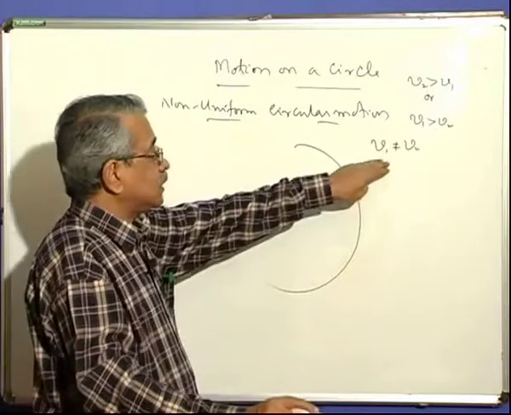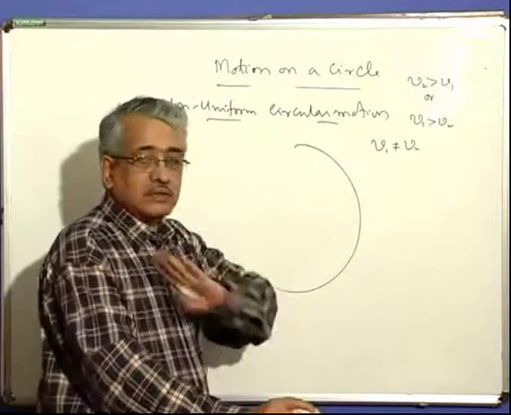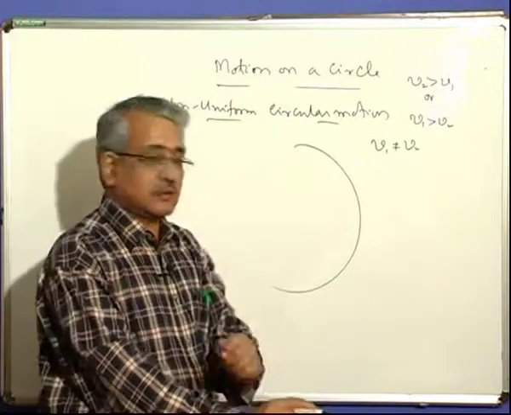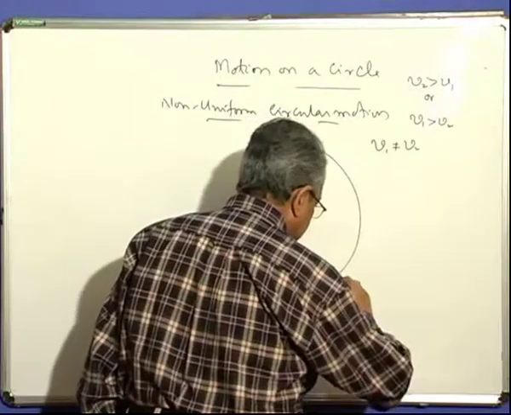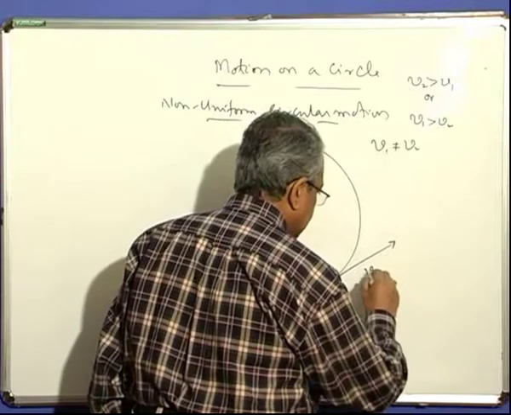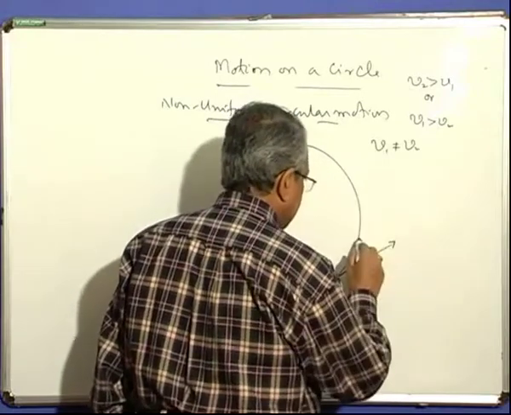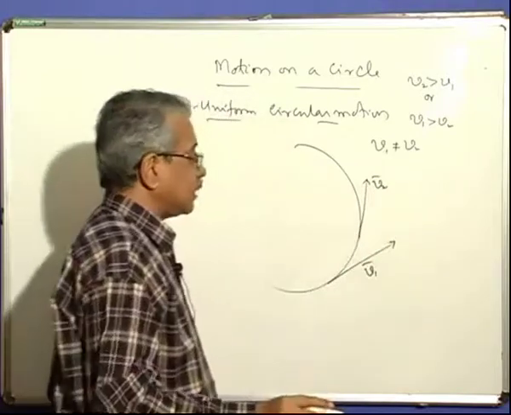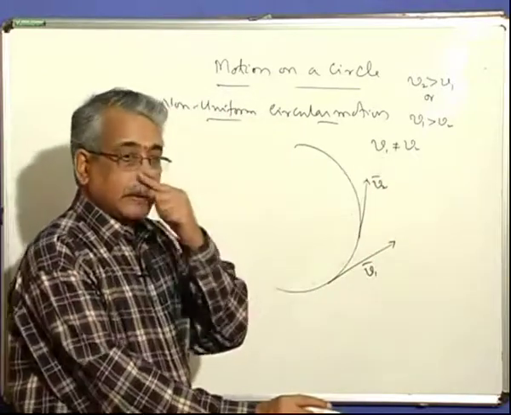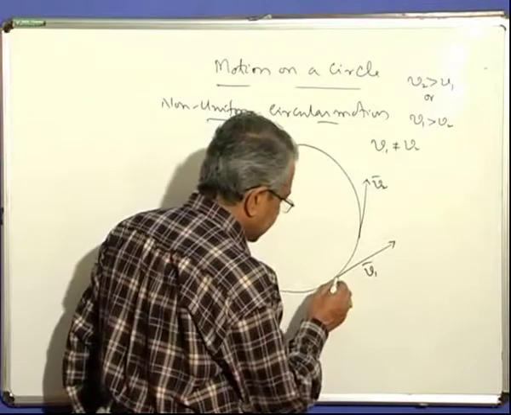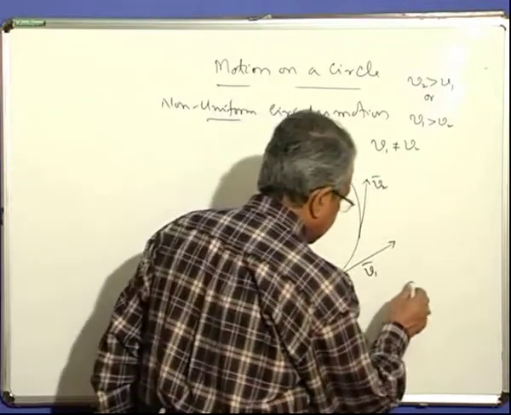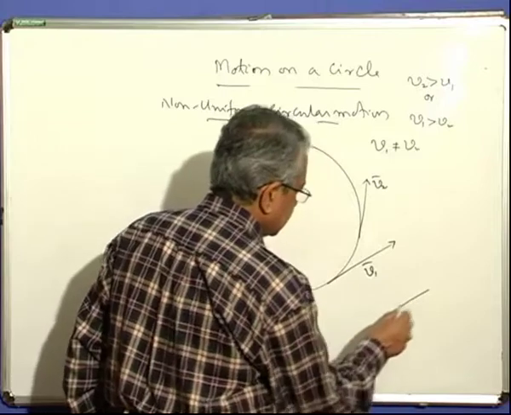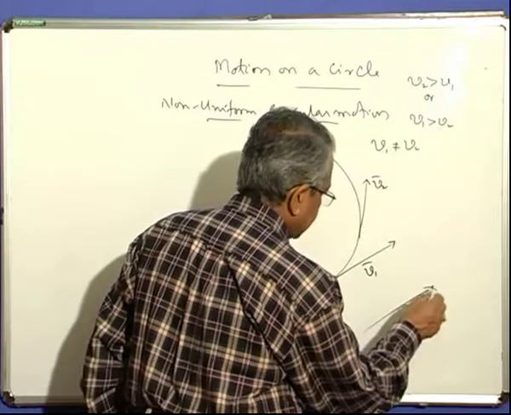The velocity at this point is v1 and the velocity at this point is v2, both not equal in magnitude. Then what will be the case? Suppose the acceleration is somewhere like this. I draw the picture here, v2, v1 here.